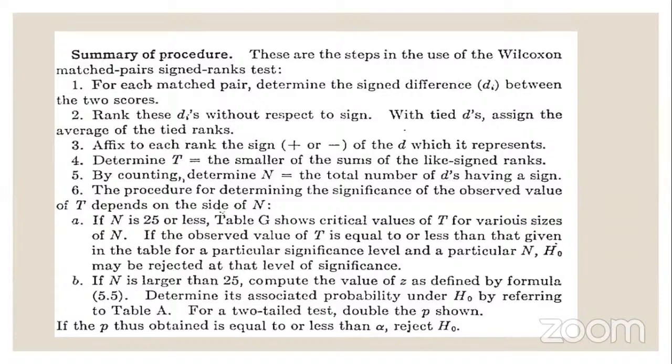So if we accept the null hypothesis, what does it mean? Our null hypothesis is that there should be no significant difference between the test and the retest. And if we accept the null hypothesis, that means in our data, there is no significant difference between the test and the retest.